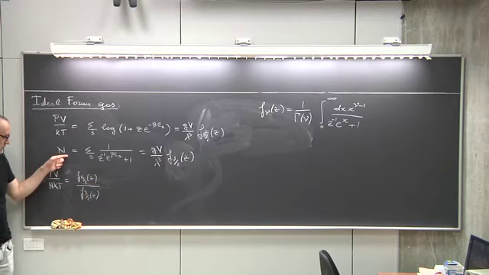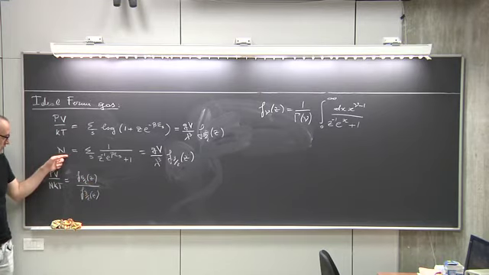And the way to do this is to multiply z above and below. To write this as dx x to the nu minus 1 e to the minus x over 1 plus z e to the minus x. So what I've done here is I've multiplied above and below by z e to the minus x. Okay? And now what you can do is to expand this term 1 over 1 plus z e to the minus x in Taylor expansion in z.